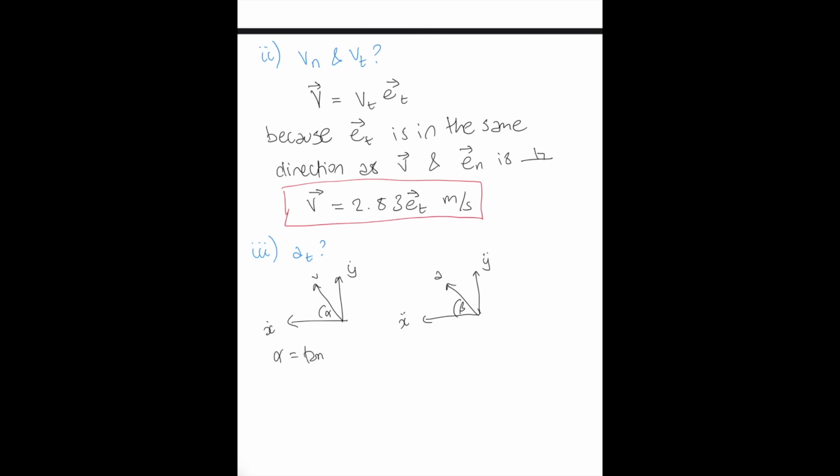We're just going to use arctan y dot over x dot. Plug in the numbers we already have to give us 45 degrees. For beta, we're going to do exactly the same thing, but with the accelerations. Plug in our values to get beta is equal to 26.6 degrees.